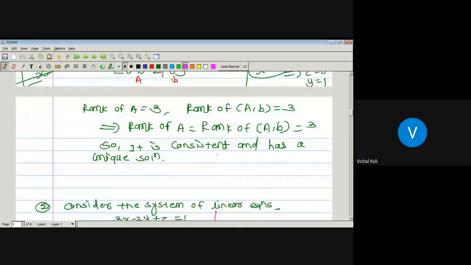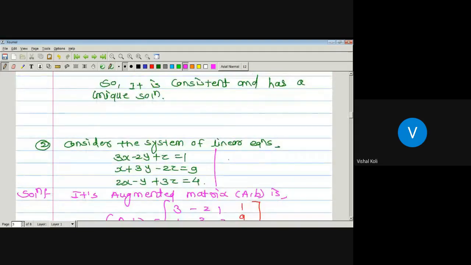So now it becomes 3 into 4 minus 2 into 1 plus 1, which is 12 minus 2, equals 10, plus 1, which is equal to 11.